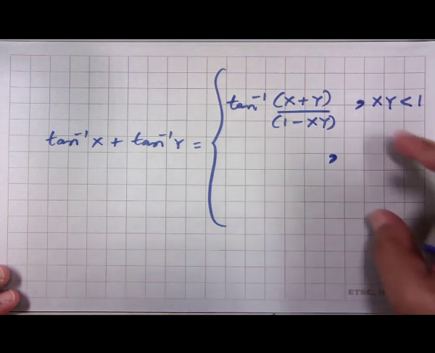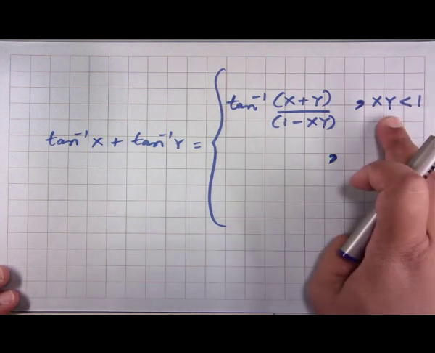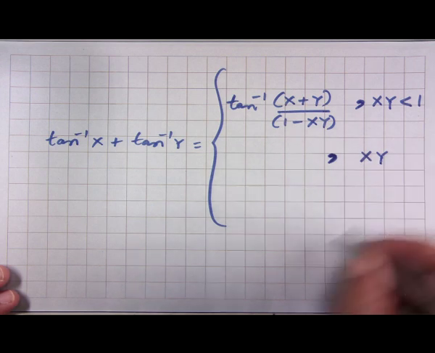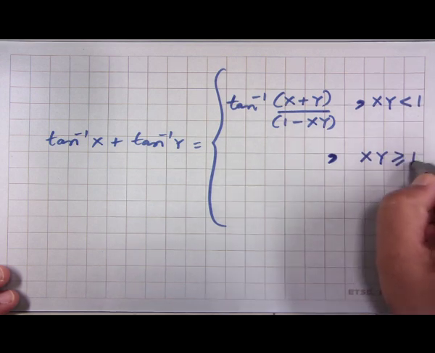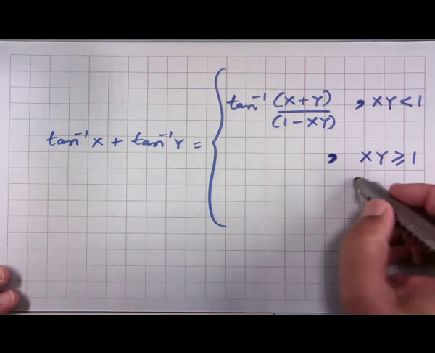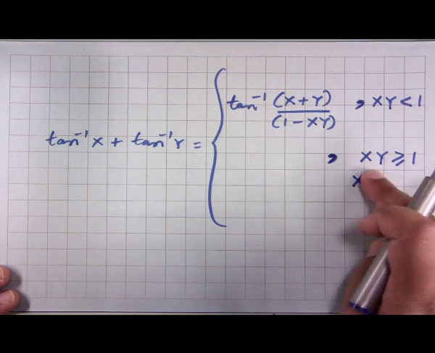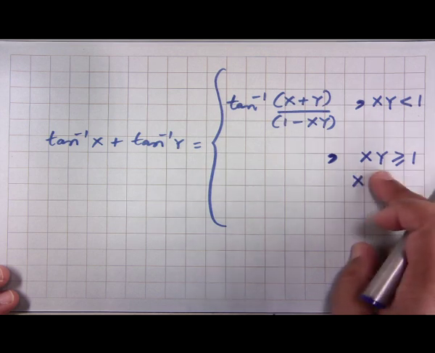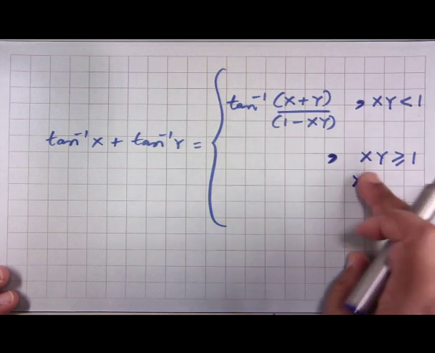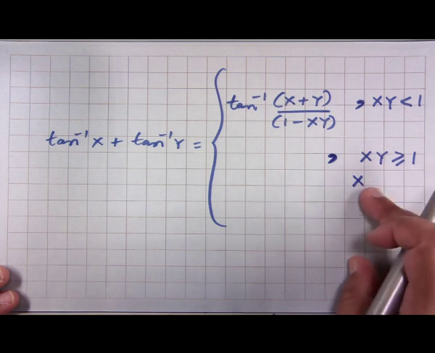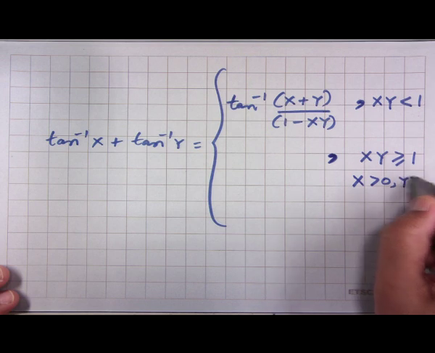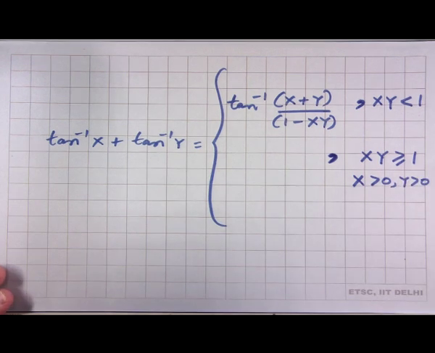And then the other cases are when x into y is greater than or equal to 1. Even for xy greater than or equal to 1 there are two sub cases. When xy is greater than or equal to 1, either both x and y are positive or they are both negative. So this is the second case.